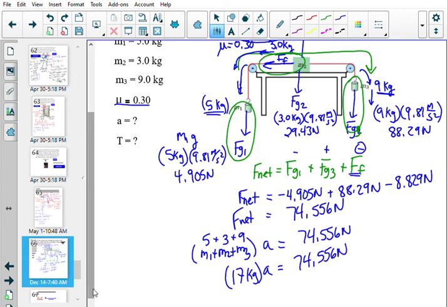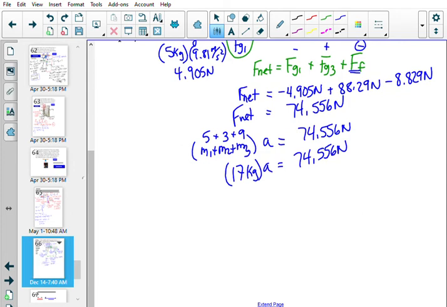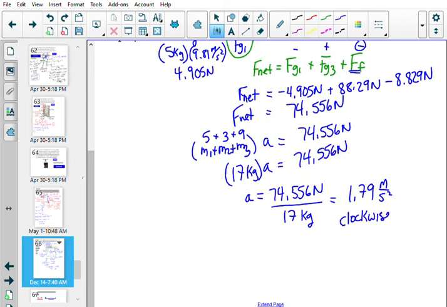And so therefore, if we now divide, you take your 74.556 newtons, divide by the 17 kilograms, and we get ourselves a positive 1.79 meters per second squared. So there's my acceleration. It's clockwise. It's positive as we expected it to be as it moves through.